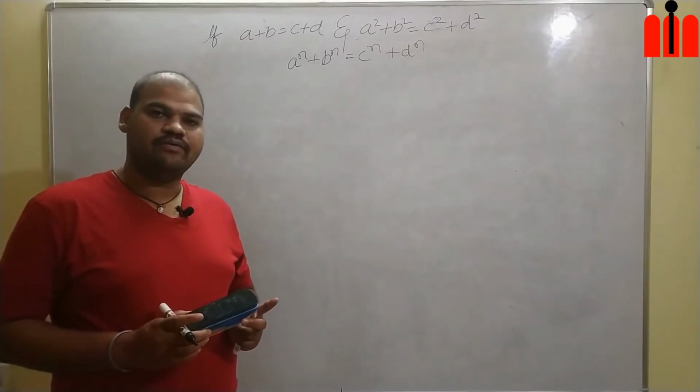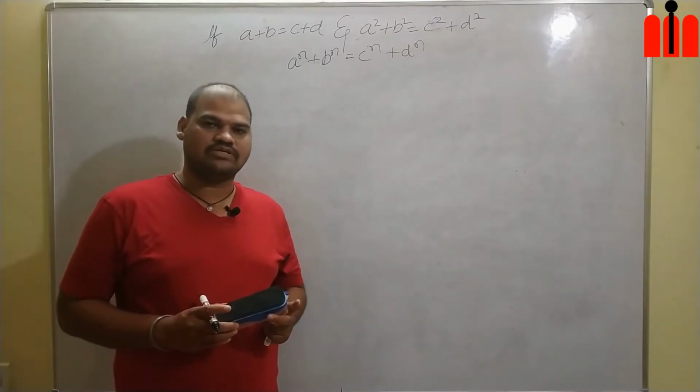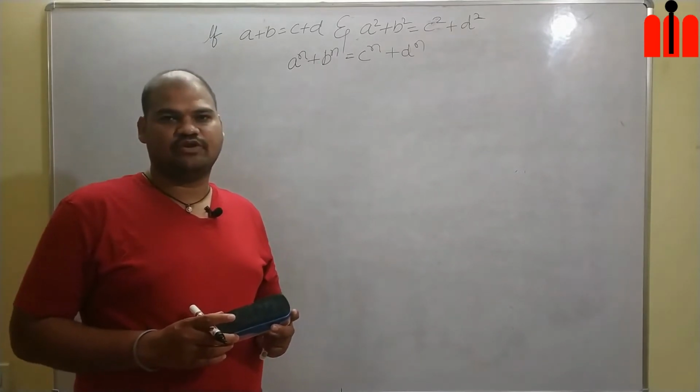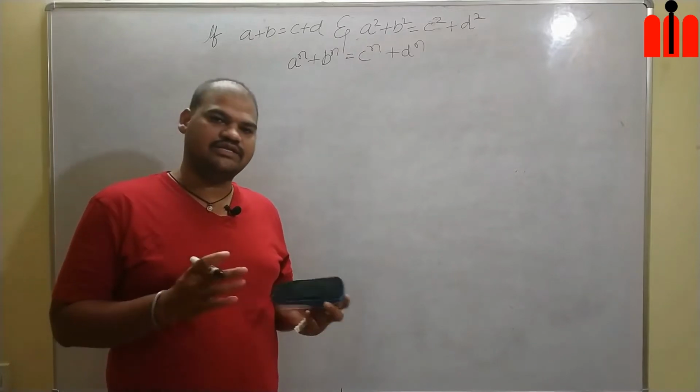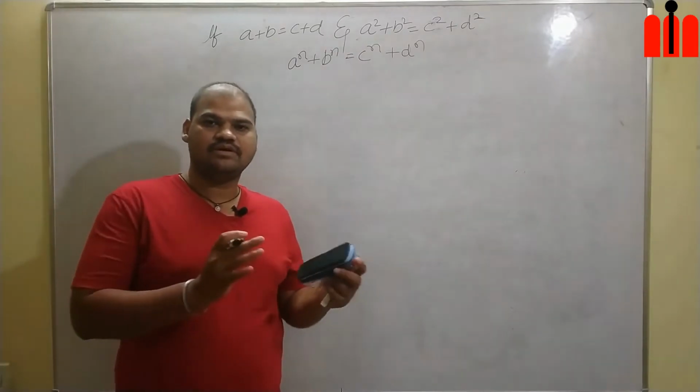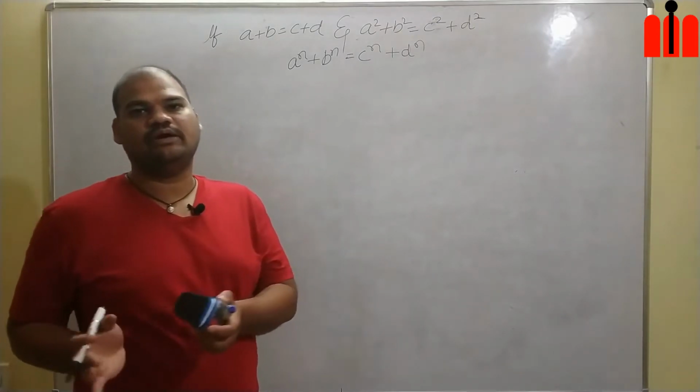Now we have a conventional process of solving the problems of principle of mathematical induction: initial value, after that the concrete statement, and after that the induction step. This is how we will drill it down.